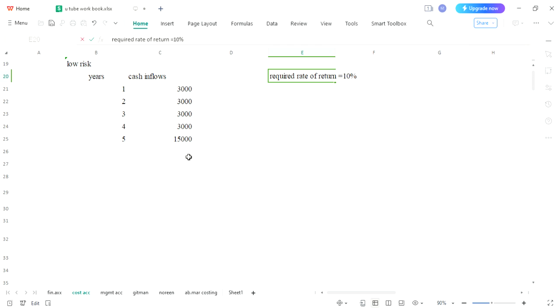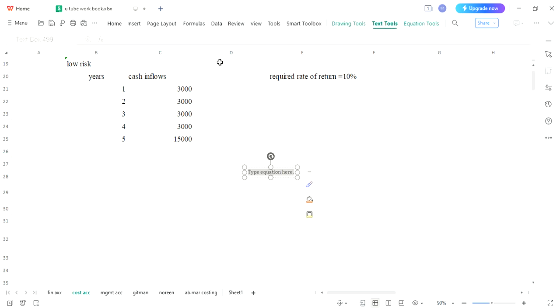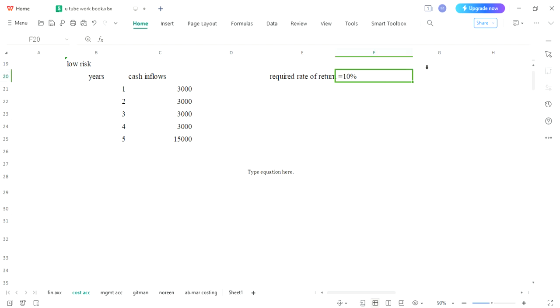Let's put the formula. For that, obviously, we will use a proper way to write the formulas, for which we will use the equation tool. We are not getting that tool. Let's see it again. We will need to put an equation.